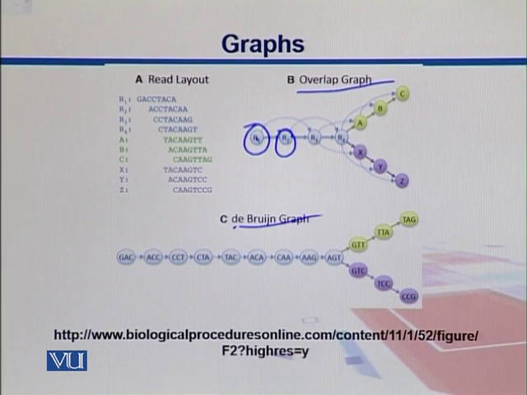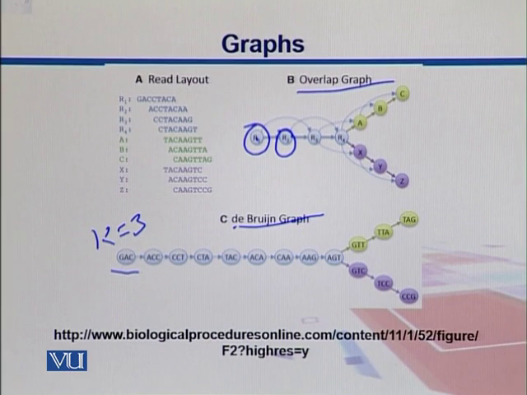In de Bruijn, we take the reads and then take small parts of the reads. Here, for example, our k-mer size is equal to 3, so we can have 3 nucleotides coming from each read. A read may be 100 nucleotides, but we can divide it into almost 33 or 34 fragments: we start with nucleotide number 1, then move to the next position, nucleotide number 2, and in this way we get chunks of 3 from those reads.